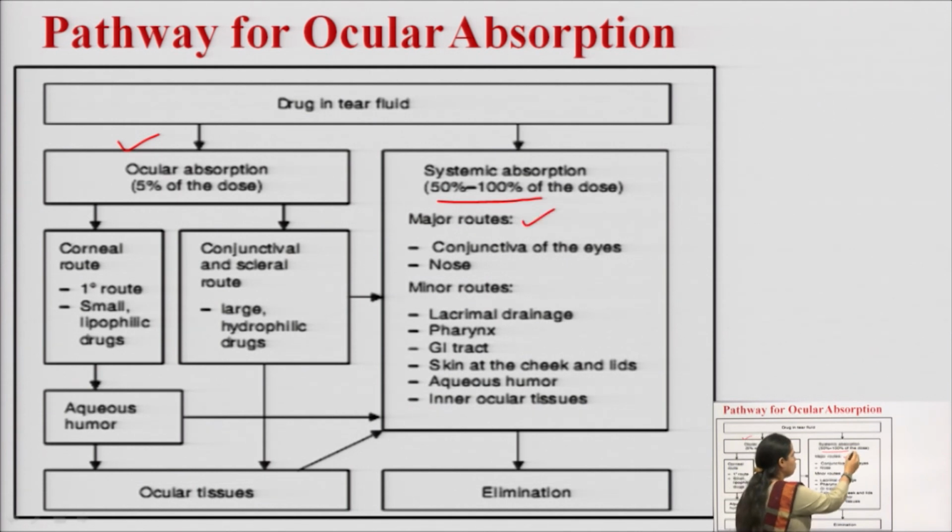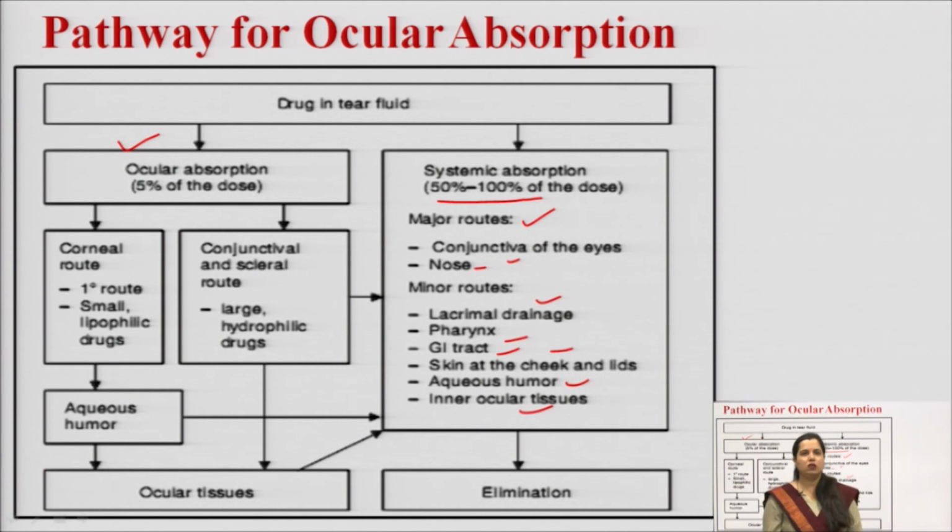So, major routes for this type of absorption are the conjunctiva and nose, and minor routes are lacrimal drainage, pharynx, GI tract, skin, cheeks, aqueous humor and inner ocular tissues. So, these are basically the routes for systemic absorption of the ocular drug administered.